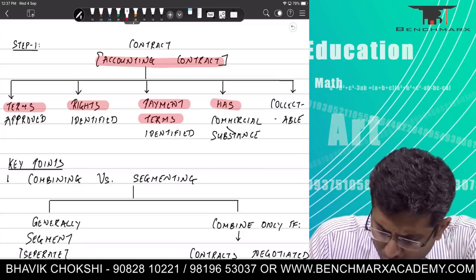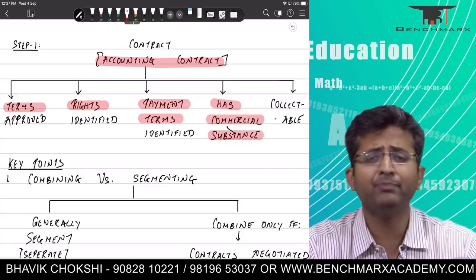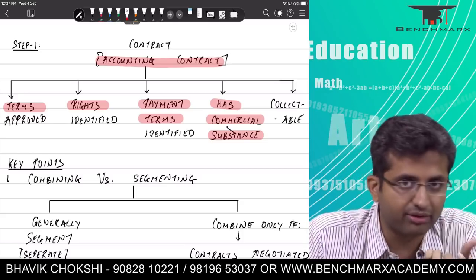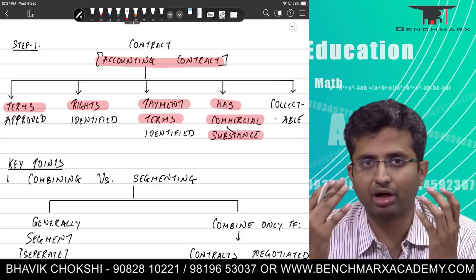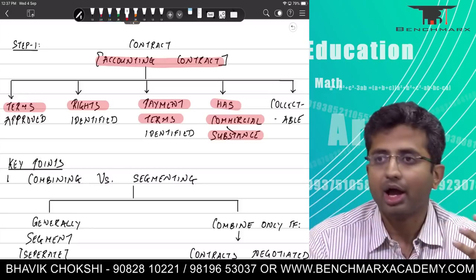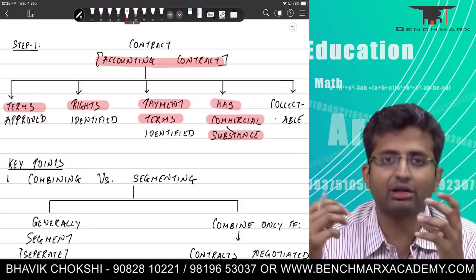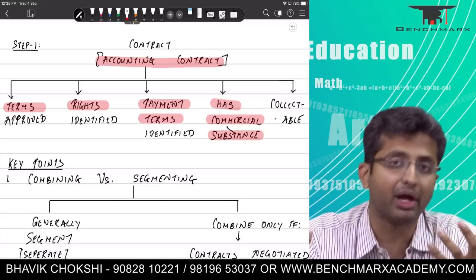Has commercial substance. You would have probably studied this under the standard on PPE. Commercial substance means there's an actual genuine transaction. If there are 2 shopkeepers, both of them selling, let us say, Allen Solly t-shirts, and both of them enter into a barter to sell those exact 10 t-shirts with each other, ideally it's a barter, gets recorded at fair value.